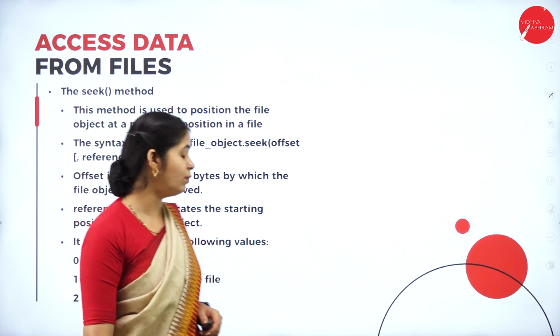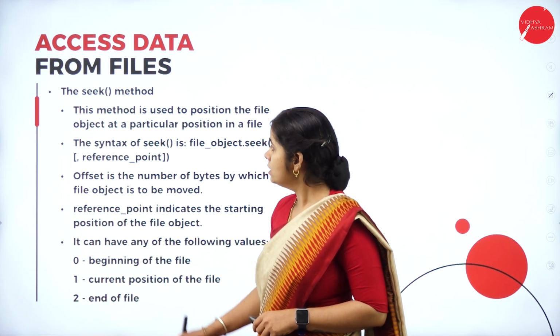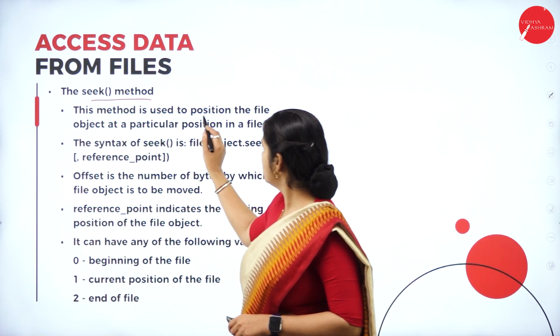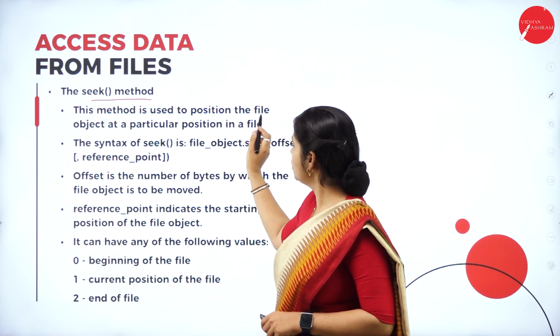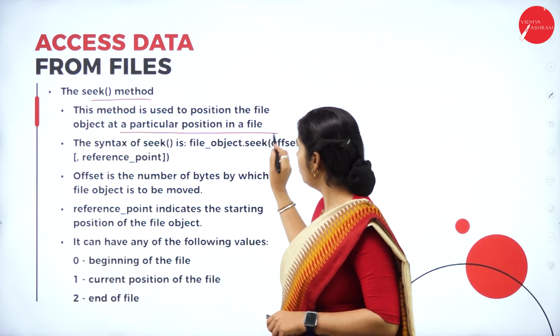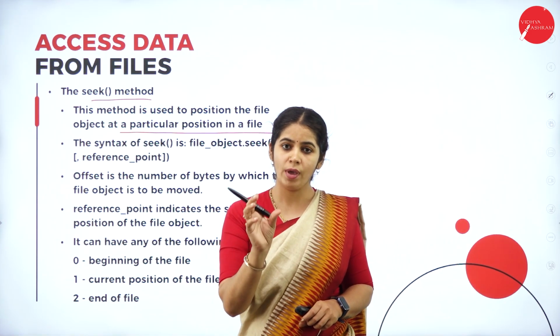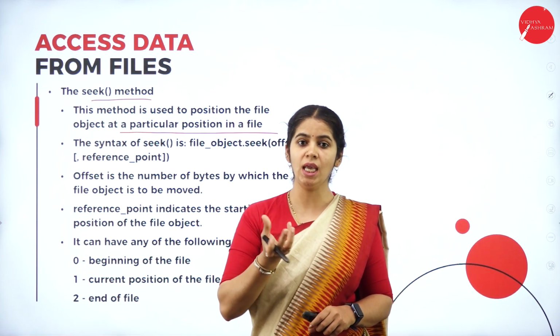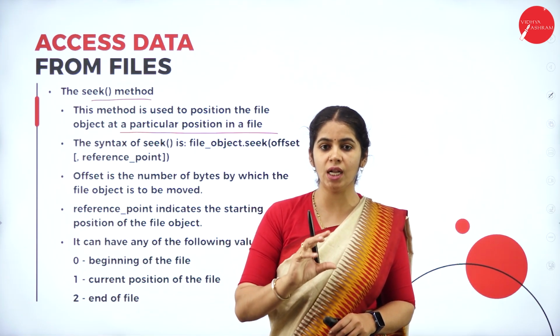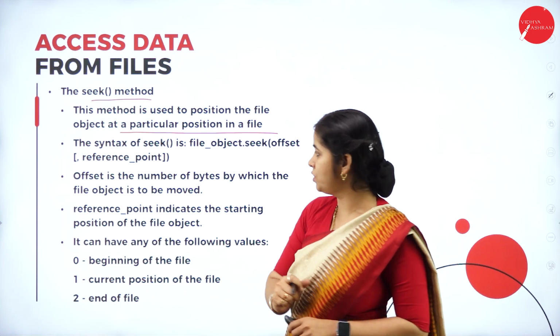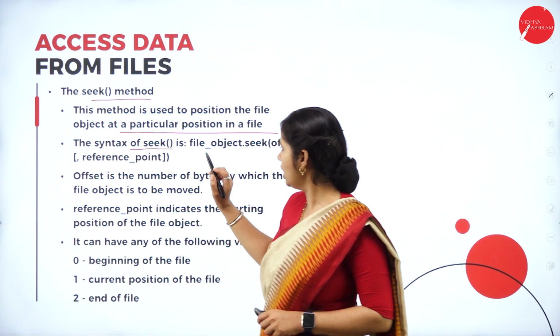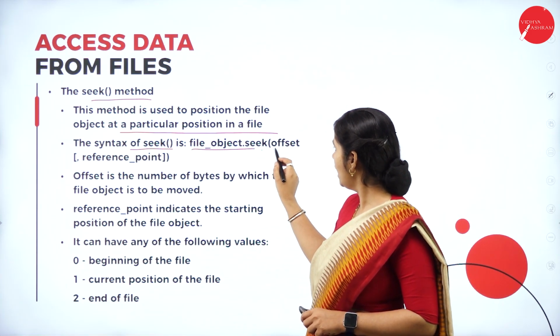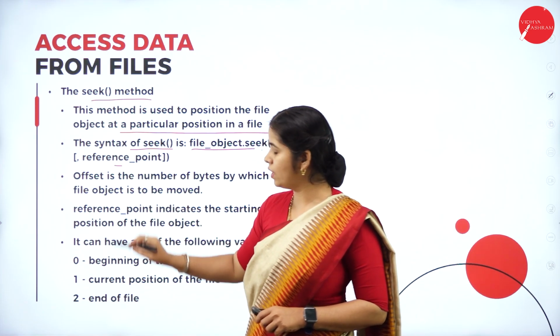Then coming to the seek method, this method is used to position the file object at a particular position in the file. We are seeking the data from a particular position. The syntax of seek is file object dot seek, with the offset and the reference point.